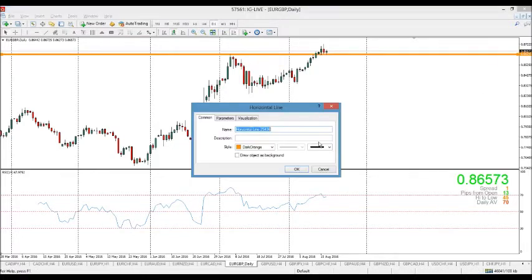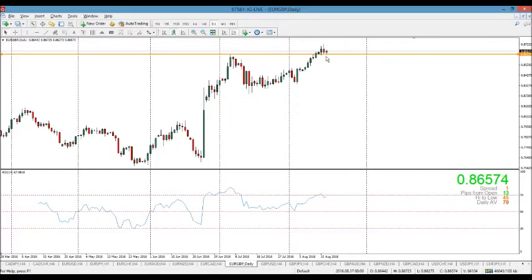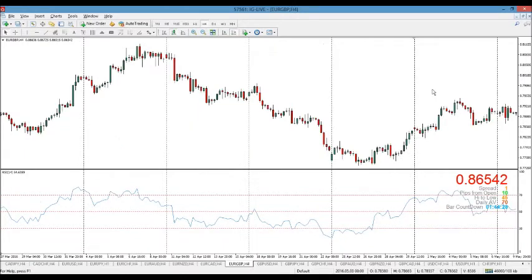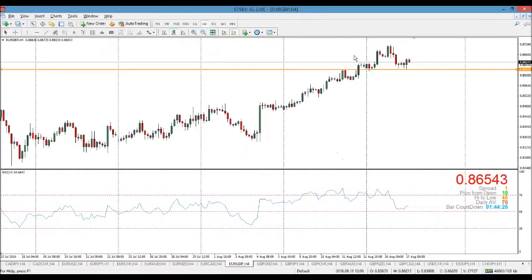Okay, I need to make this line much thinner, otherwise it's going to be very hard to see. We're trying to short it somewhere up here. There was a minor reaction, and then it went up and it stopped us out. So what was wrong with that trade? I feel that we were going against the trend. We should have waited a bit longer for this candle to form, and once it broke above, we shouldn't have entered in the first place. So that was a bit of an error.